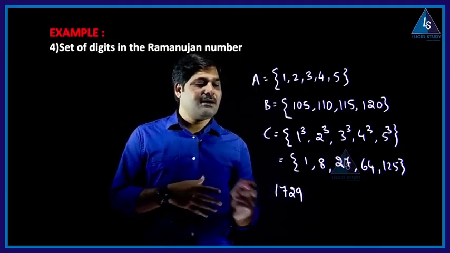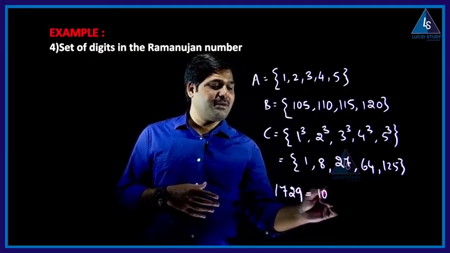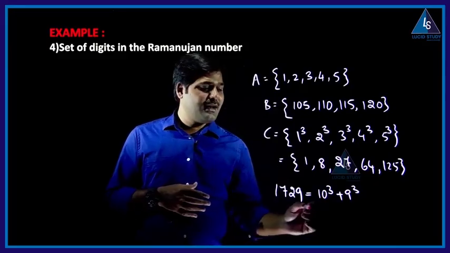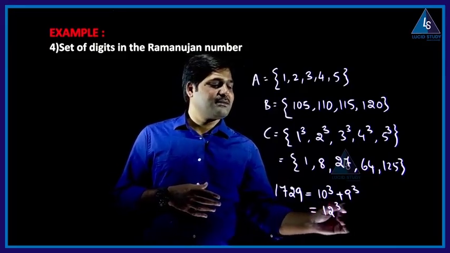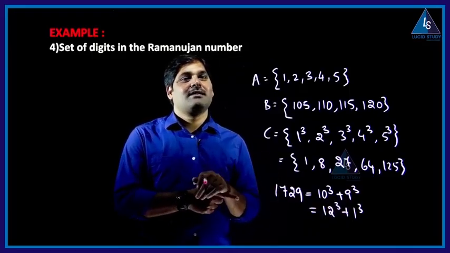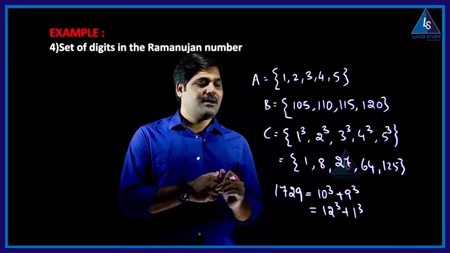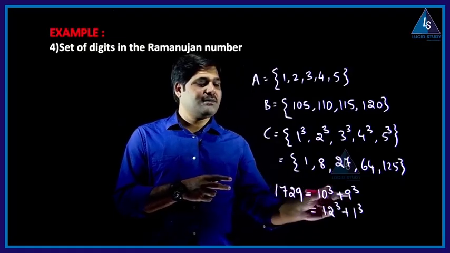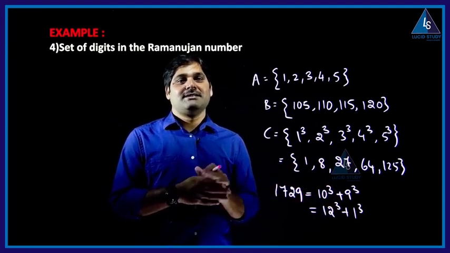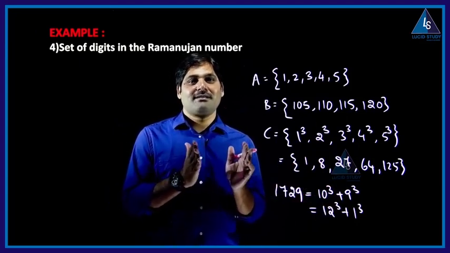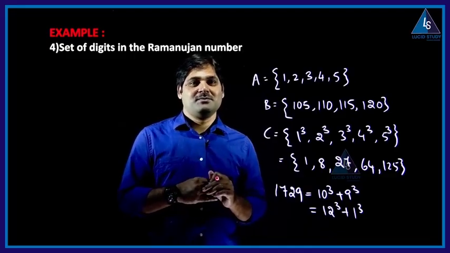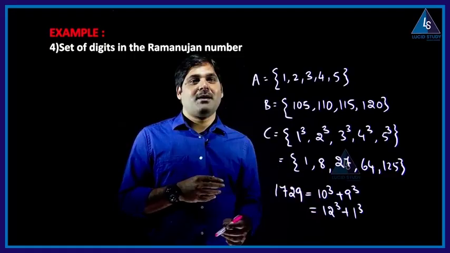Immediately he found that this is the number that can be written as 10 cube plus 9 cube as well as 12 cube plus 1 cube, and this is the least number that can be written as the sum of 2 cubes in two different ways. Like that he stated. See, during the death time also he is very much acquainted with maths. Okay, so this is the Ramanujan number.